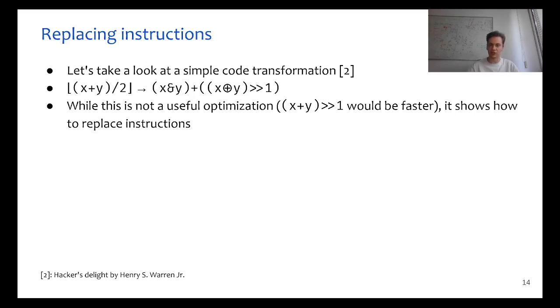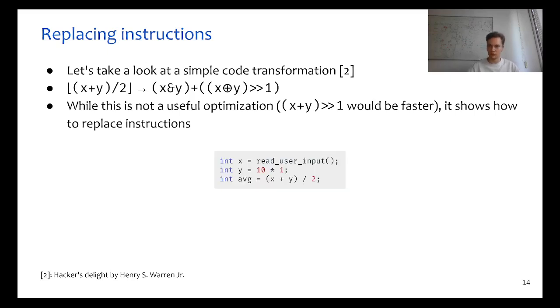And it's really just an example to show you how passes work. This is not an optimization that is useful in any way. It's just an example. And what we want to do is we want to replace this division by 2, which has an addition as input. We will replace that with this AND XOR shift left and plus combination. Yeah?